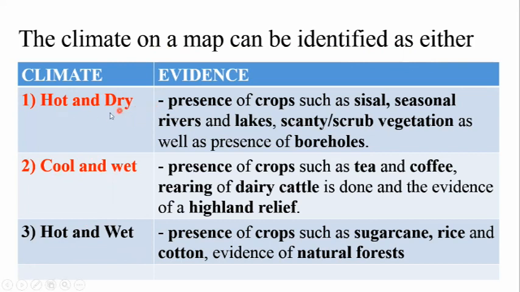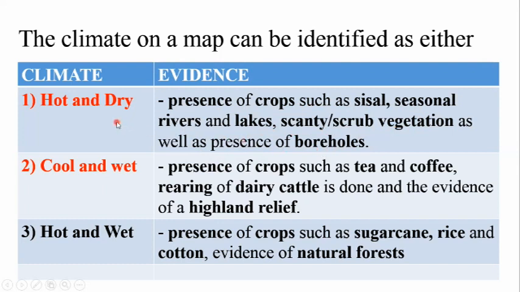So first, evidence for hot and dry: presence of crops such as sisal, seasonal rivers, seasonal lakes, scanty or scrub vegetation, as well as presence of boreholes. So these are sisal, seasonal lakes, seasonal rivers, scanty scrub vegetation, boreholes.